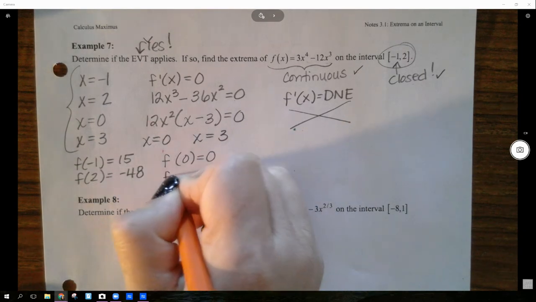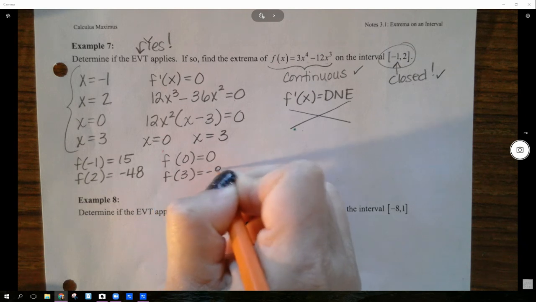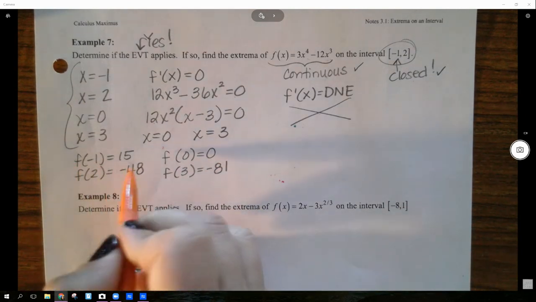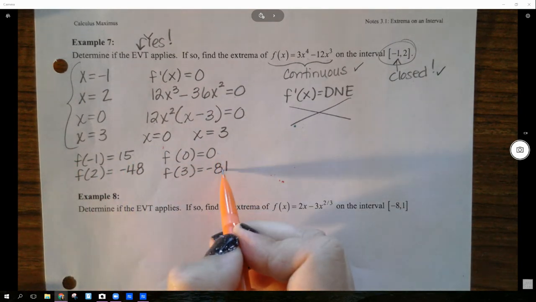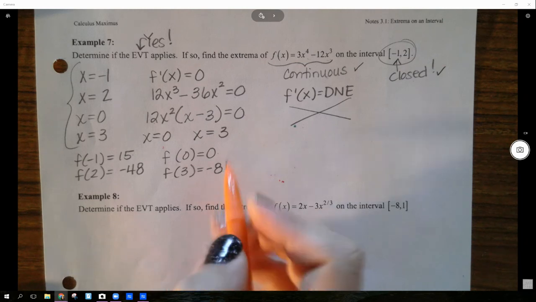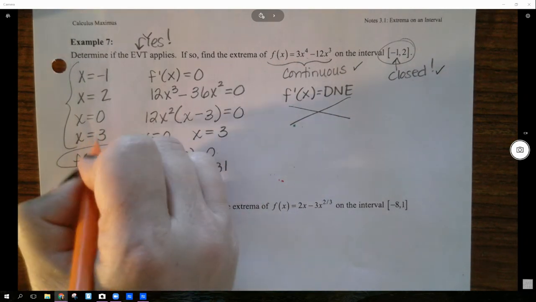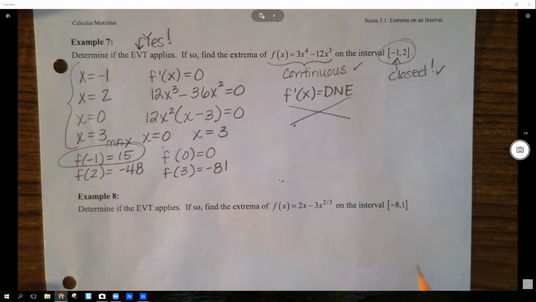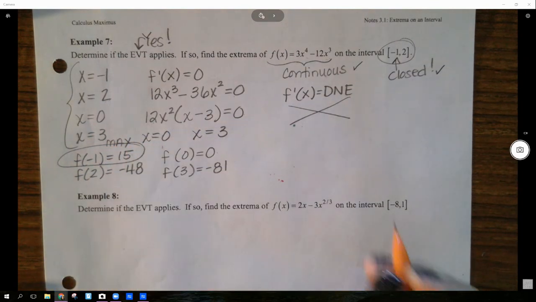And f of 3 is -81. So remember, these are your maxes and mins, the actual y values. So the biggest answer is your max, which looks like 15. That's going to be your maximum. And your smallest value is your min.